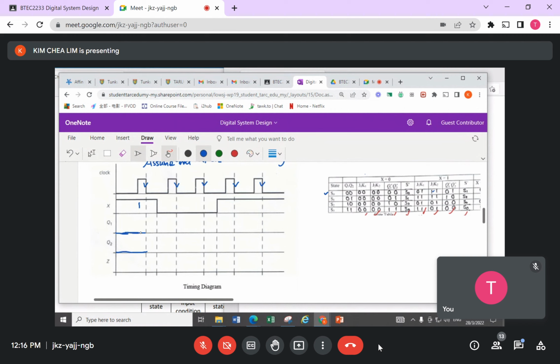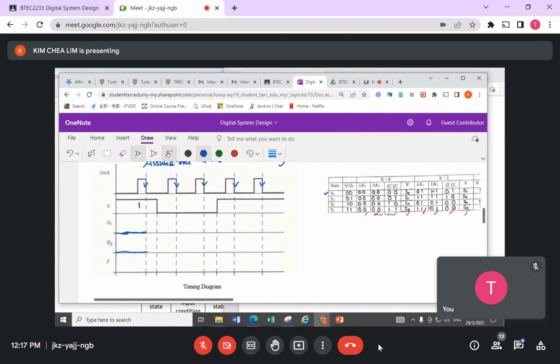Until the falling edge comes. Falling edge comes, and because X is a 1, I need to check here. X is a 1, so they are going to go to 0, 1. Which one is Q1? Which one is Q2? Q2 is at the back.